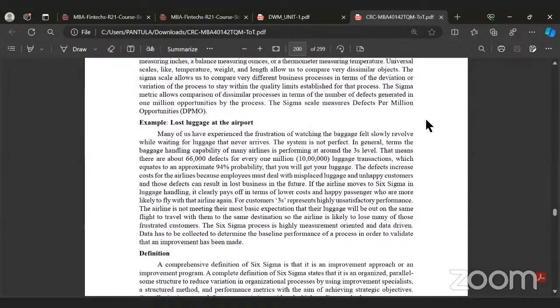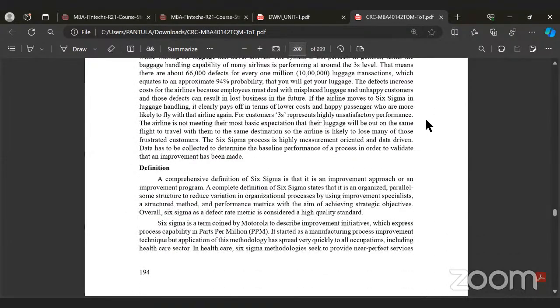Okay. Now we are going to see what is meant by Six Sigma. Six Sigma is an improvement approach and improvement program. A complete definition of Six Sigma states that it is an organized, parallel structure to reduce variation in organizational processes by using improvement specialists, a structured method, and performance metrics with the aim to achieve strategic objectives.